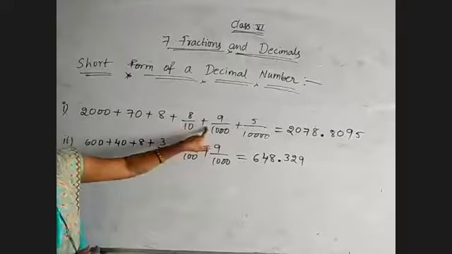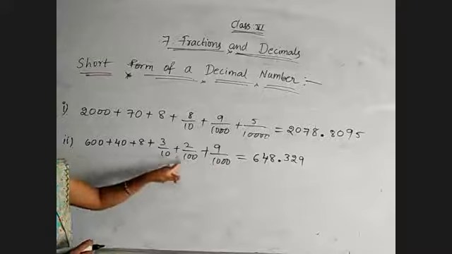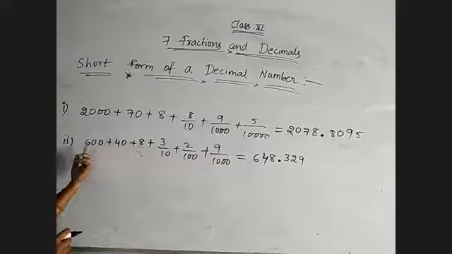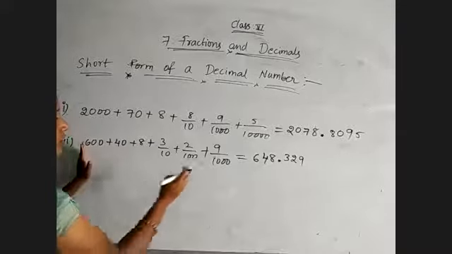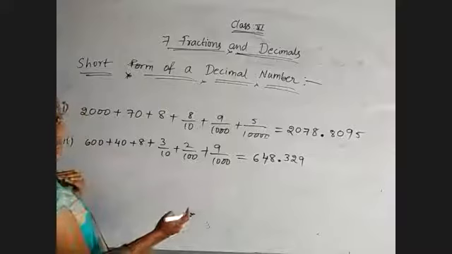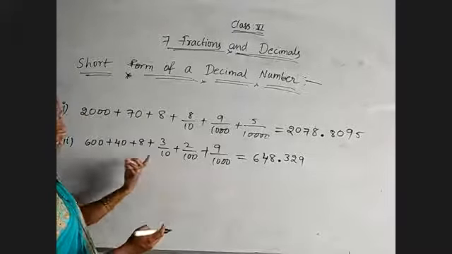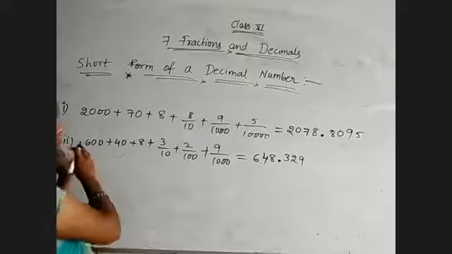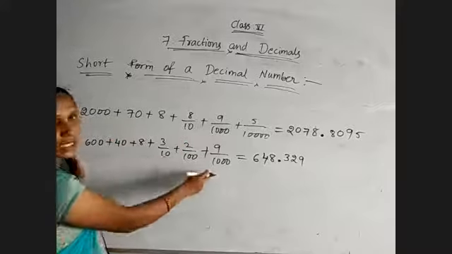Tenths, hundredths, thousandths, ten-thousandths like that, and this side ones, tens, hundreds. While you are moving from right side to left side, the place value of the digit increases by 10 times. While you are moving from left to right side, it decreases by 1 by 10 times.